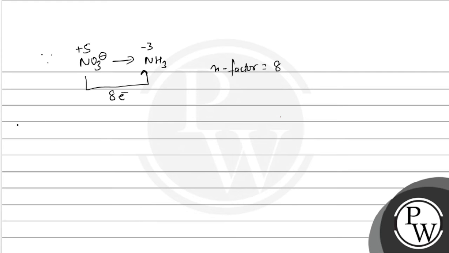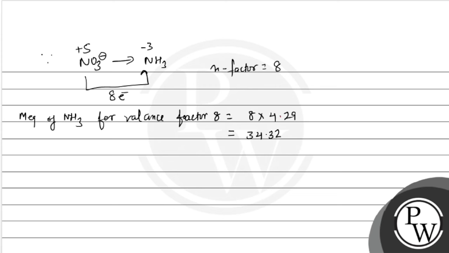Now the milli equivalents of NH3 for valence factor 8 would be 8 multiplied by 4.29, that would be equal to 34.32. These are also the milli equivalents of NO3 negative.